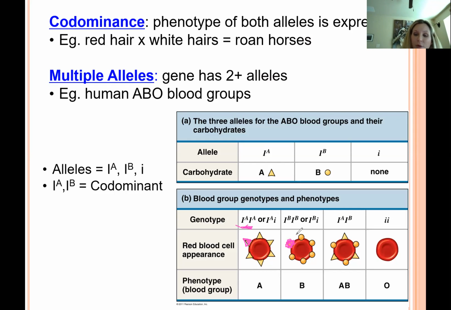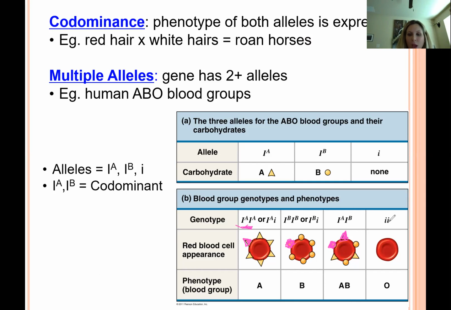If you get both a dominant A and a dominant B allele, you have both types of proteins and carbohydrates hanging off the red blood cell. If you have the recessive allele, the red blood cell has nothing. If you have both recessive alleles, the red blood cell has nothing. So I means there really is no carbohydrate and protein associated with it at all.